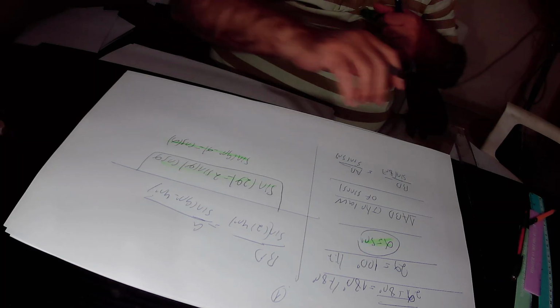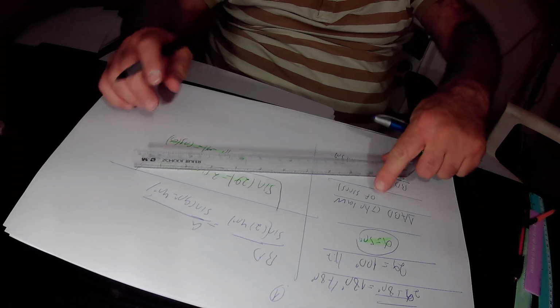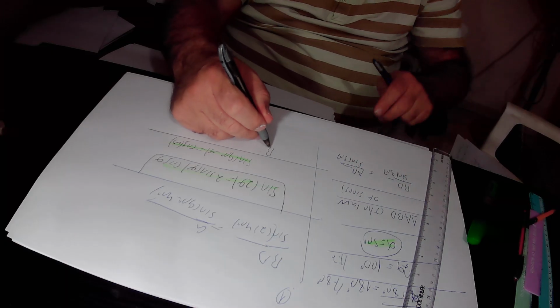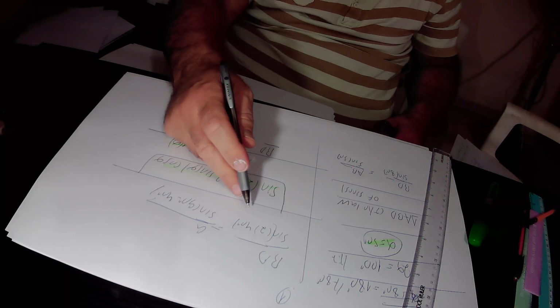So in our equation we have BD over sine 2 times 40 degrees.